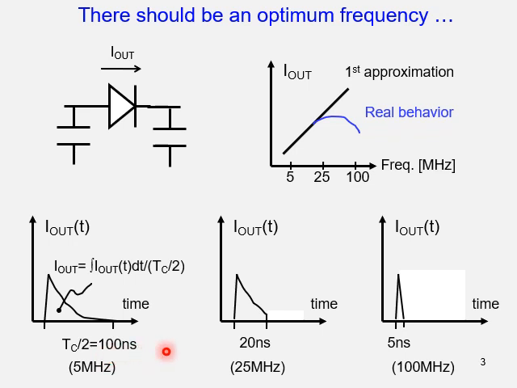If you increase the clock frequency, then this current profile could have this kind of behavior, meaning that within the half clock cycle, you still have a finite output current component like this.